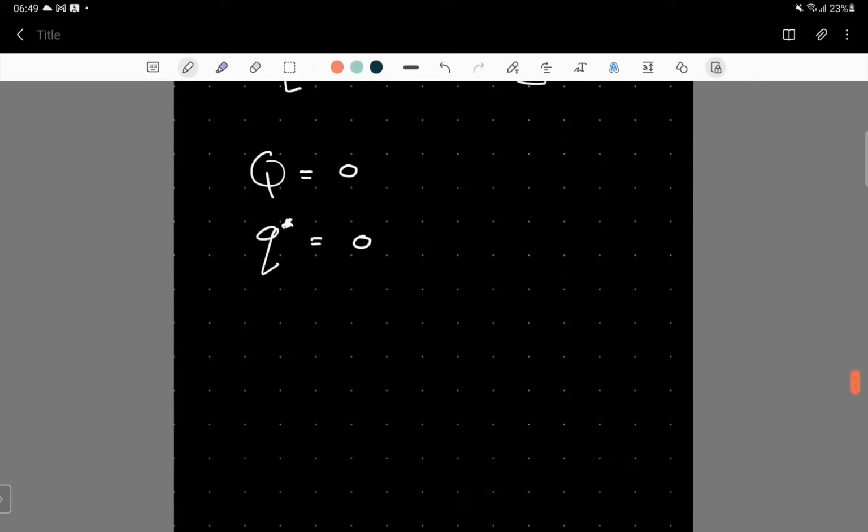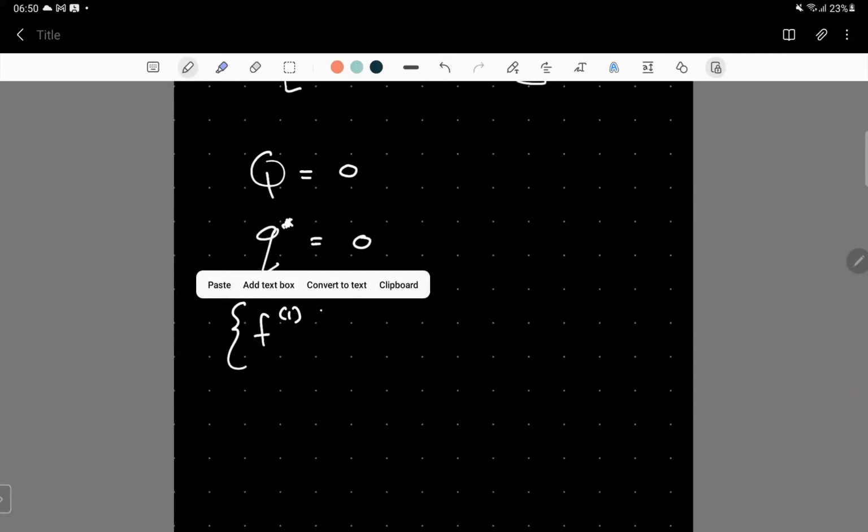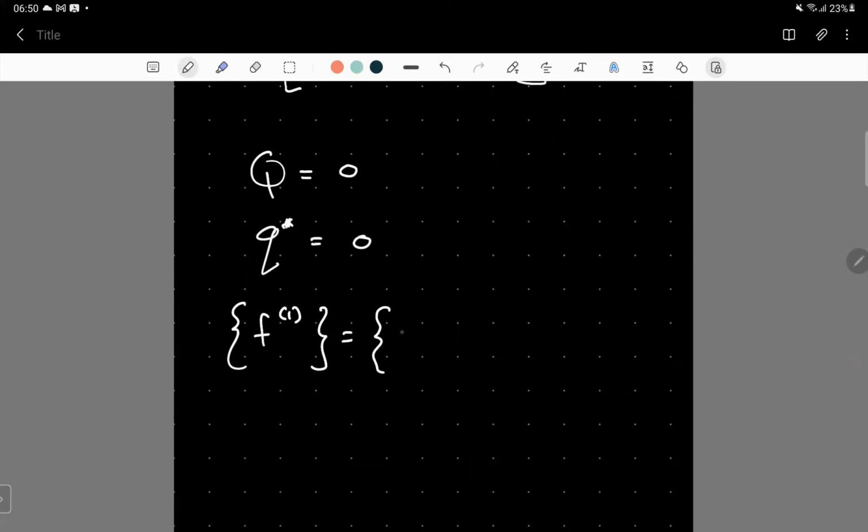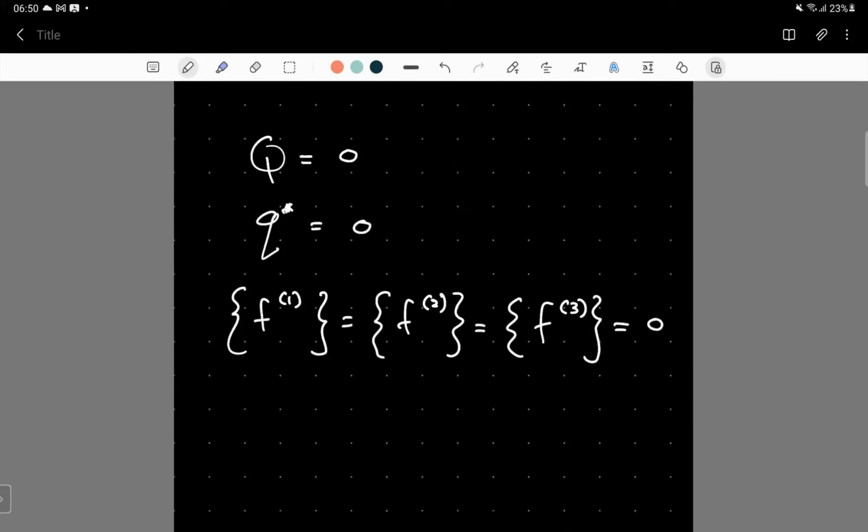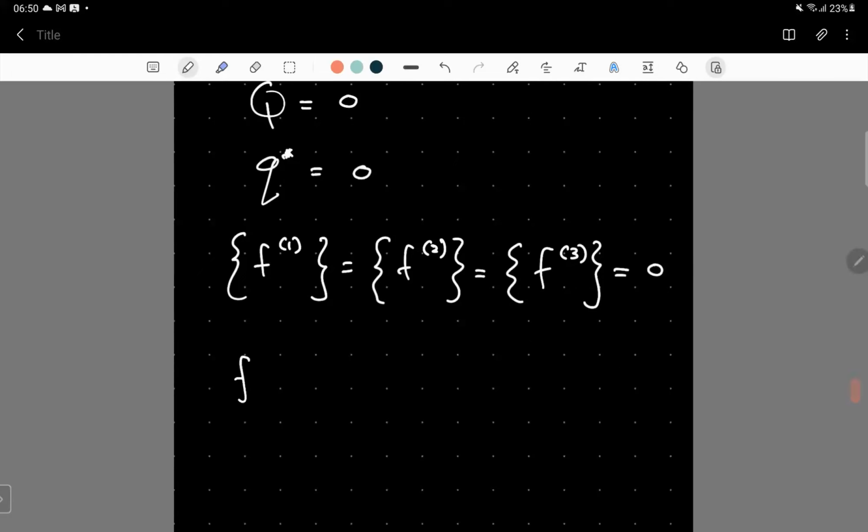If we consider the force corresponding to the first element, the second element, as well as the third element, they are equal to 0 because there is no heat source. However, for the fourth element, there's a different case.